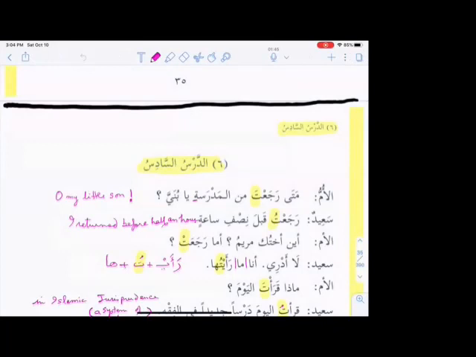Lesson number 6. Very interesting lesson. Every lesson from now onwards is going to be very interesting. You will enjoy it, inshallah. You'll be fascinated by the Arabic language, the way we are understanding.